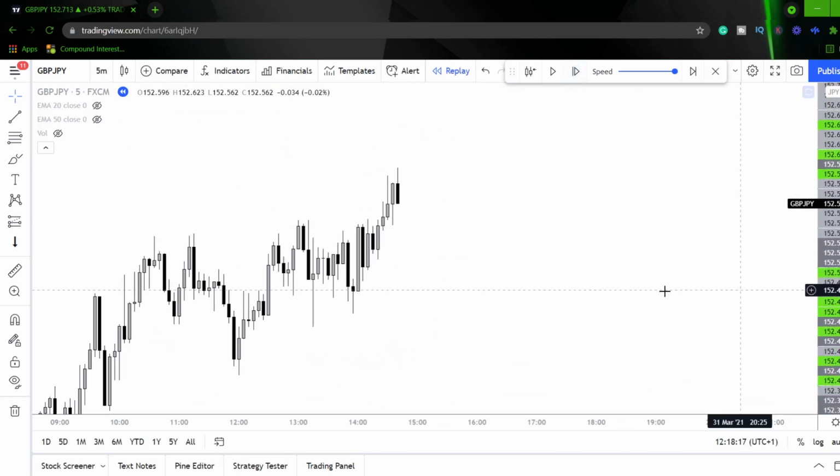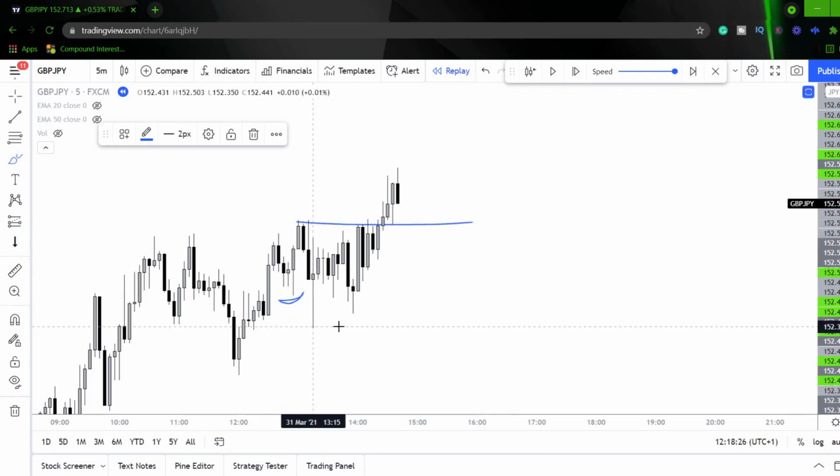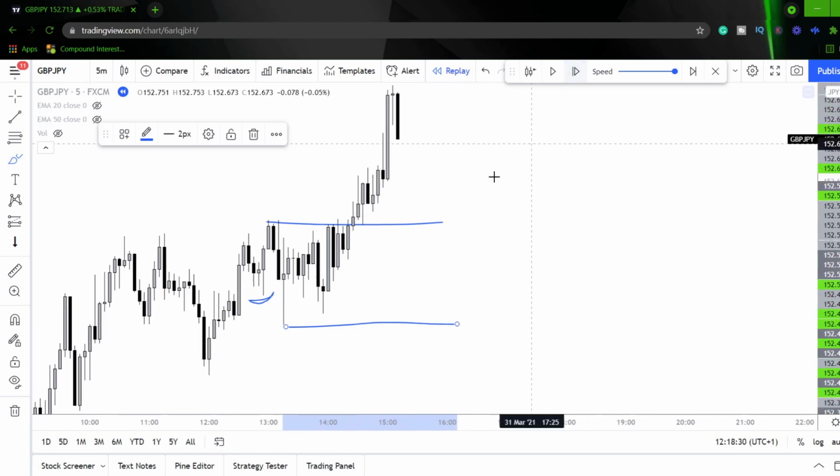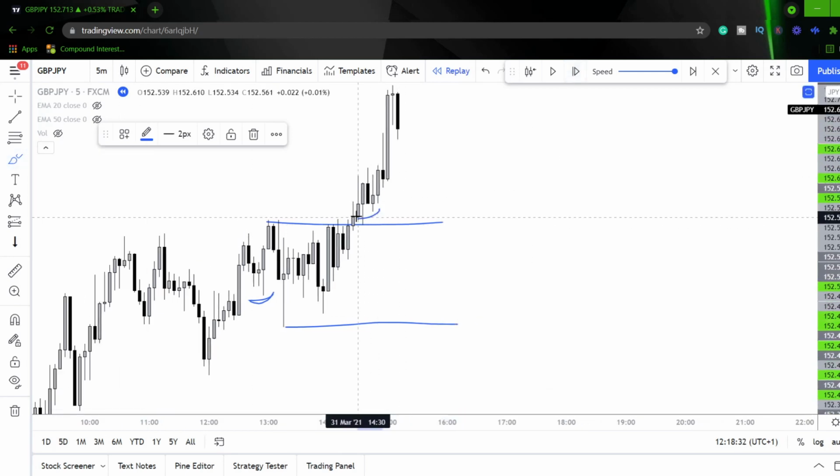So again, price gets delivered higher, we then take out the highs, right? Liquidity generation. This was the run of the liquidity. We got liquidity generation there, there. Okay, we had some here. This ran through that liquidity.